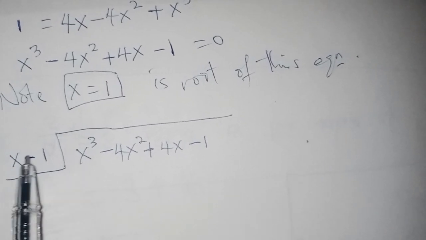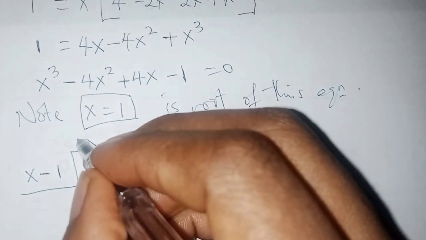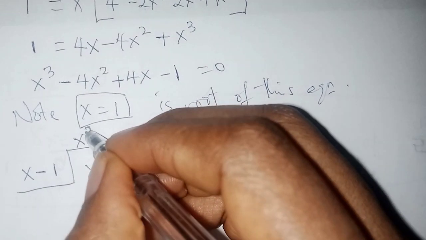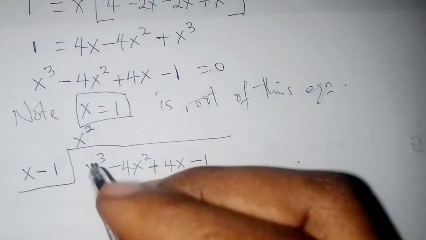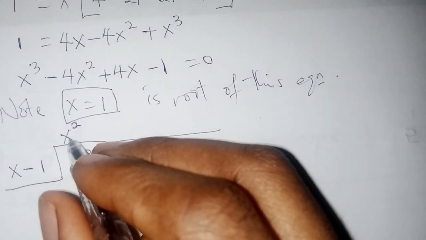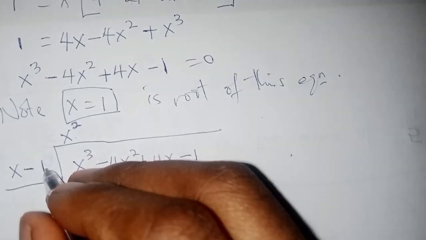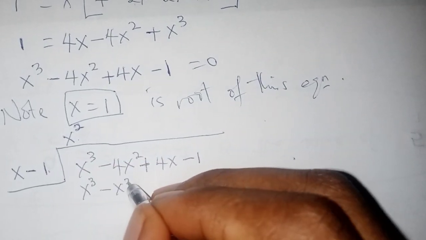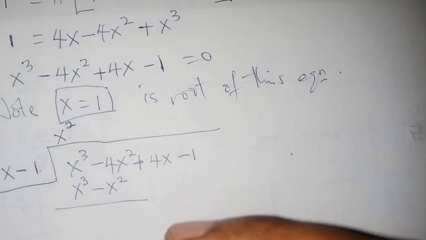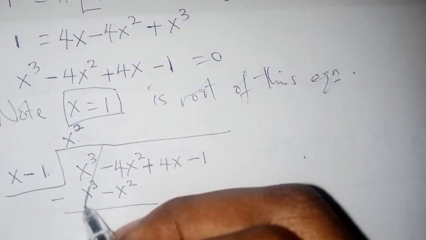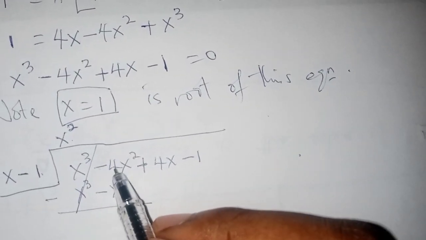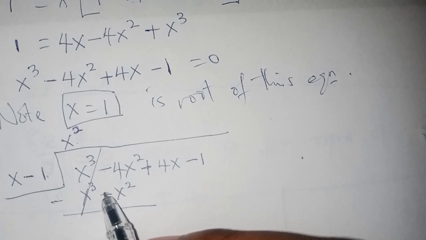So first of all, x into this will give us x squared. Multiply it, we'll have x cubed. x squared times minus 1 will give us minus x squared. And so we subtract. This goes; minus 4 minus times minus plus.